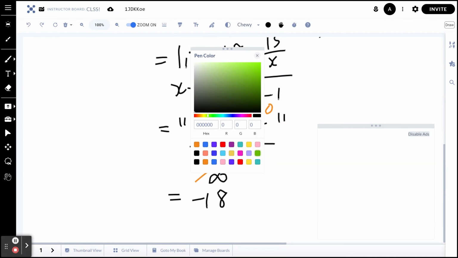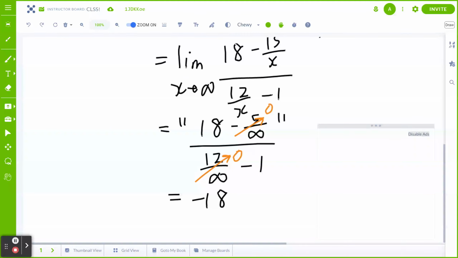Now, how do we know for sure we're doing it right? I would say spend that 1 extra minute and graph this. So if I graph the given function, look what happens. I'm going to draw a couple of numbers here as a scale for you.